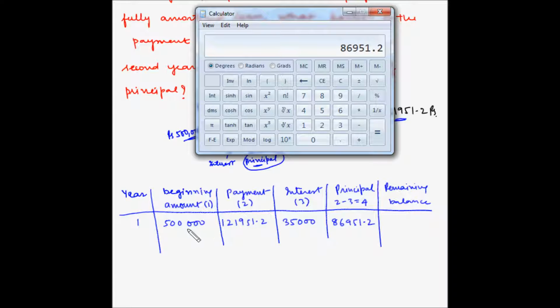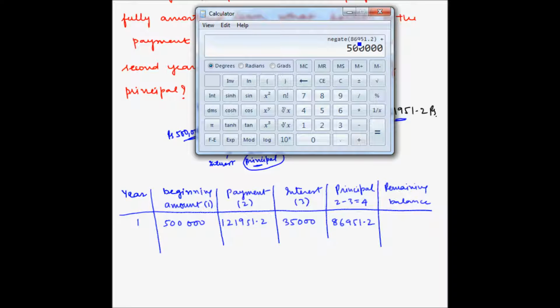And now the remaining balance is the beginning amount, because this is the entire principal that we have to pay out, minus the principal amount that we have paid per the first installment. So 500,000 minus 86951.2 rupees. The way I am doing the calculation is that I make this negative and then add 500,000.